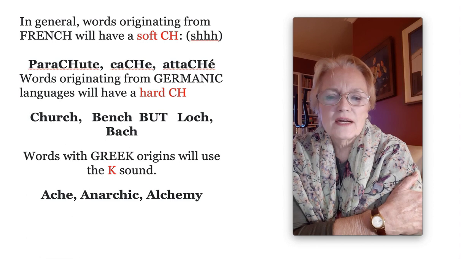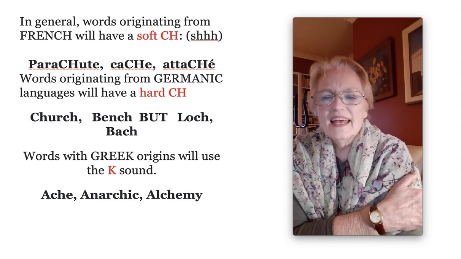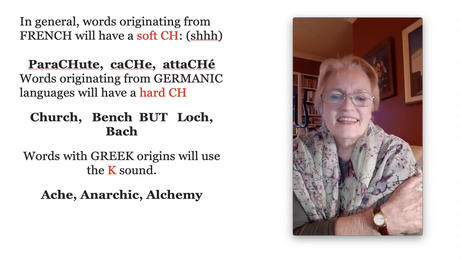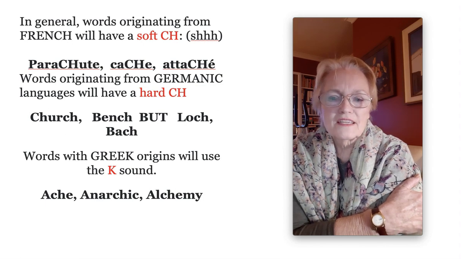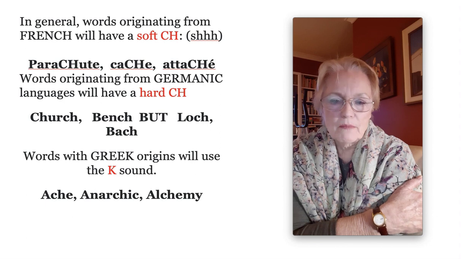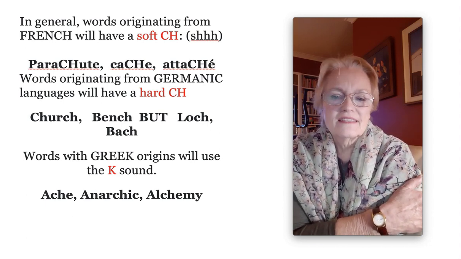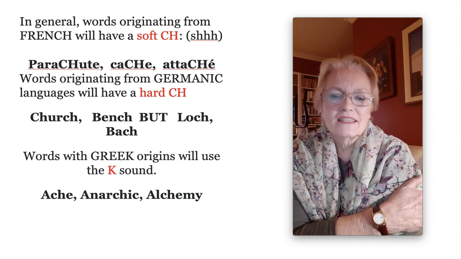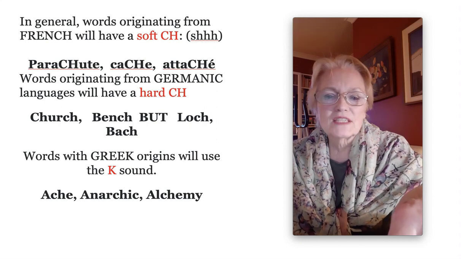Right, protesters are quite often considered anarchic because they want to upset the government and cause trouble. And alchemy. Okay, alchemy. And this is hundreds of years ago, they thought they could make gold by using certain chemicals. All right, so alchemy, not alchemy, but alch. All right, so that's the C derivation, which has long ago Greek origins. Okay, so you can see why English is confusing and has so many mixed ways of saying things, and we just have to learn them.